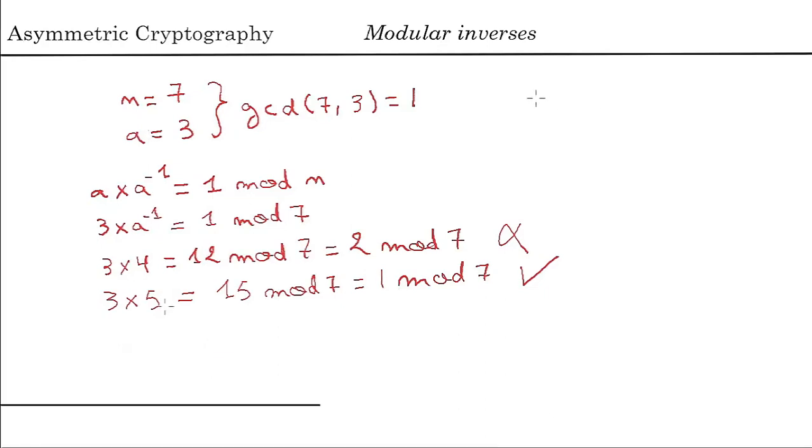We can choose some number b, and b should be less than n, and if we transform b by multiplying it by a, that would give me a number, let's call it c mod n.